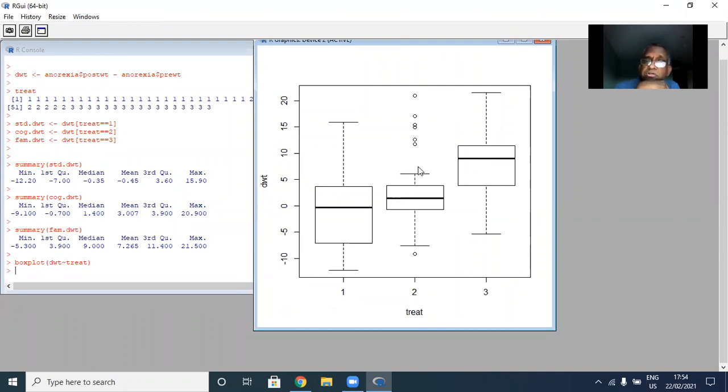And treatment 2 has made the second largest differences in the weight before and after the treatment, whereas treatment 1 has made the smallest differences in weight before and after the treatment, all right? So the most effective treatment of 3 is treatment 3. The second most effective is treatment 2, and the least effective treatment is treatment 1, right?